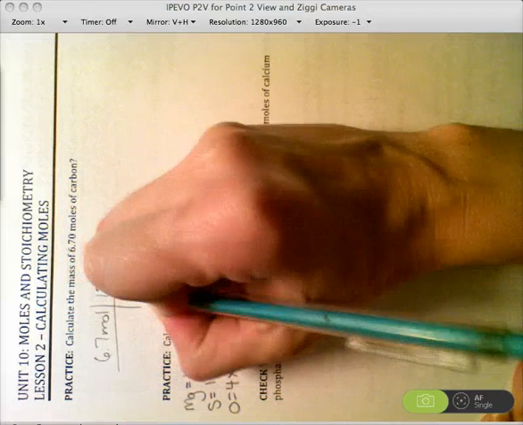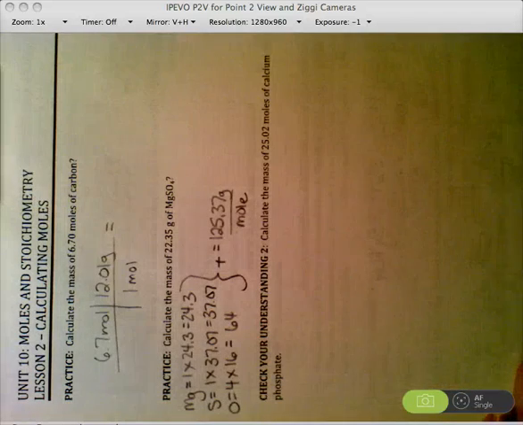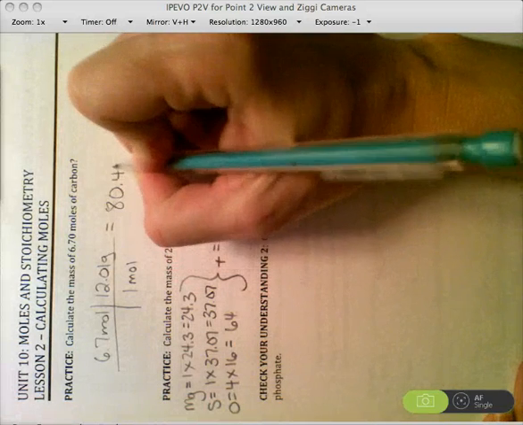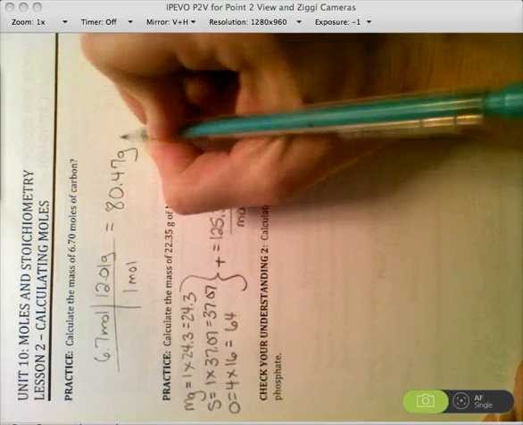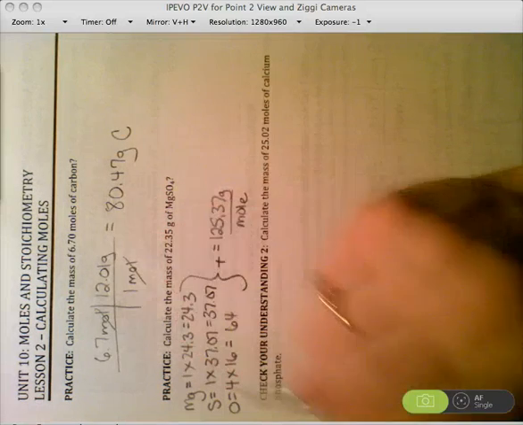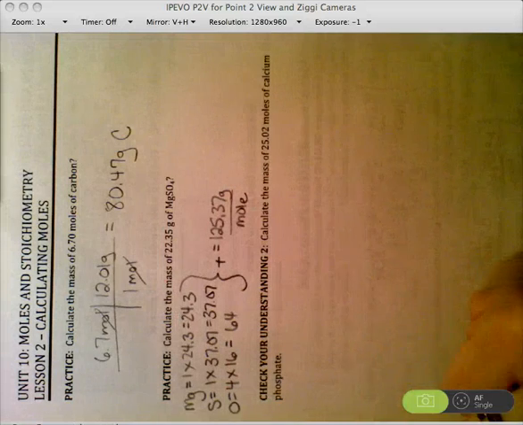So I know I have 12.01 grams in every 1 mole. So I take 6.7 times 12.01 divided by 1, and I get 80.47 grams of carbon. My moles cancel out. Really, all we're doing is canceling out units.